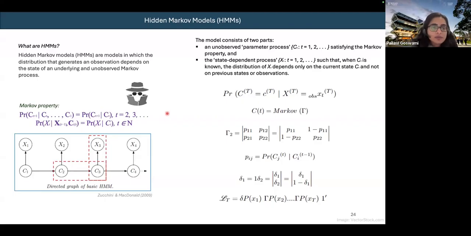And so what are hidden Markov models? Hidden Markov models are basically distributions that generate observations based on an underlying process. That underlying process follows the Markov property, which you can see over here. So C1, C2, C3, C4 are basically states, and then X1, X2, X3, X4 are the observations.